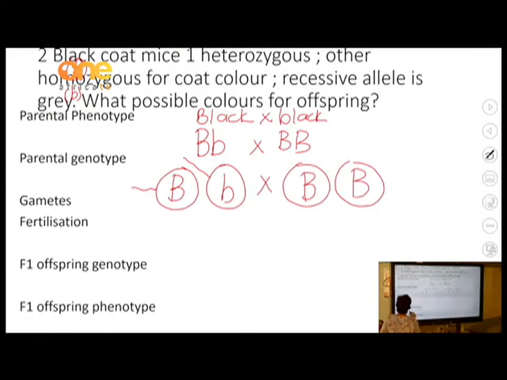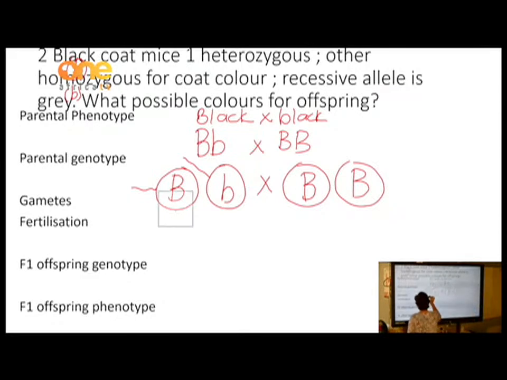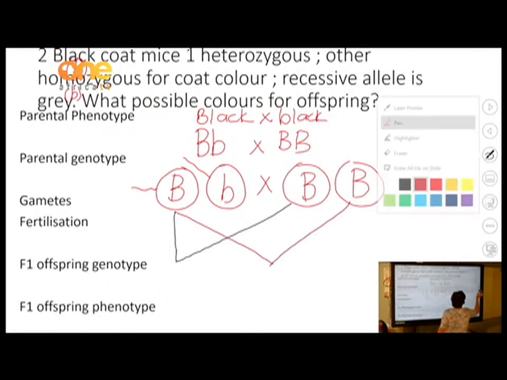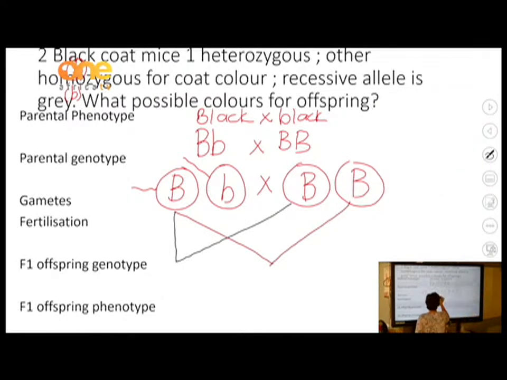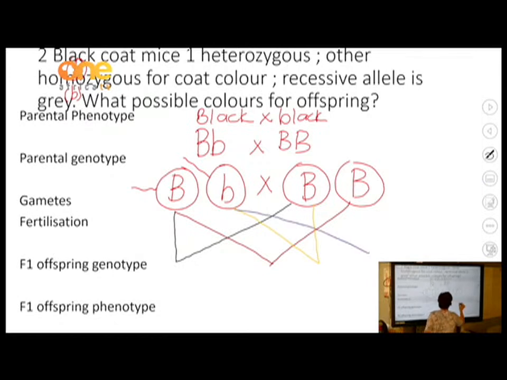Now show fertilization, please. And I am going to use different colors to show fertilization. So, fertilization can happen between those two, or between those two, or this one and this one, or this one and this one.